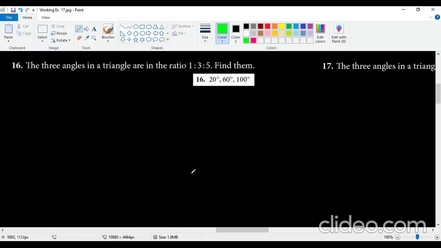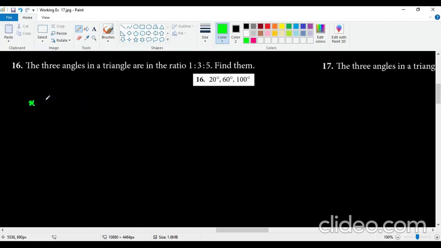It says three angles in a triangle are in a ratio of 1, 3, and 5. Find the sum of those angles. So it is going to be x.